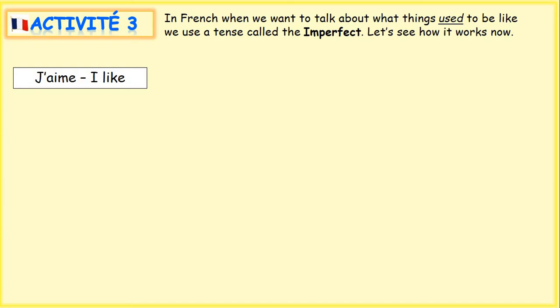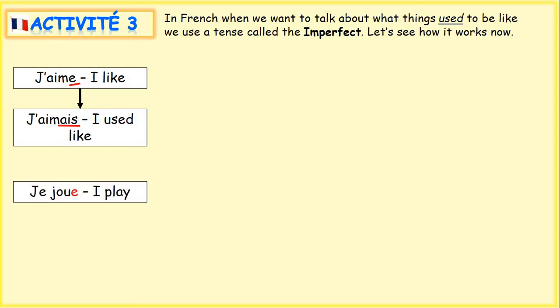We're going to look at an example of two verbs that you already know. You know how to say I like, which is j'aime, and you know how to say j'aimais, which is I used to like. Look at those two verbs in French. What has changed to go from I like to I used to like? Hopefully what you've noticed is that this E has become AIS.